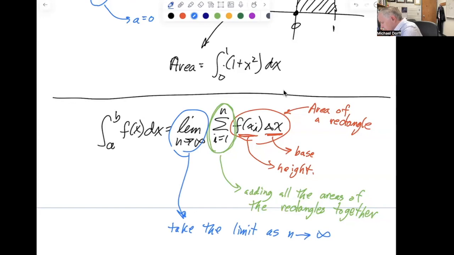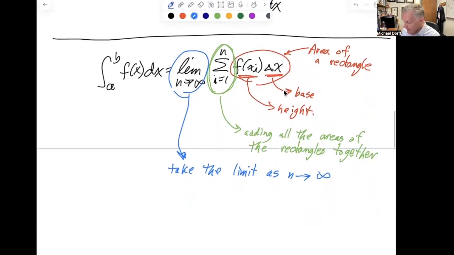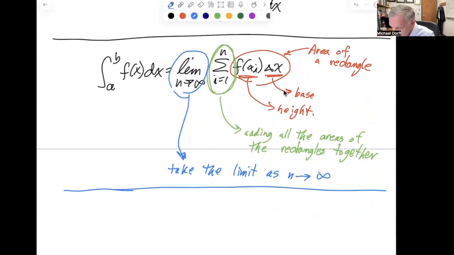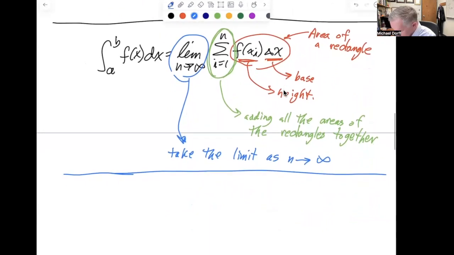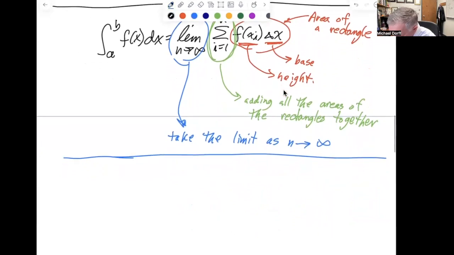So we get more and more rectangles there, and in the limit, we fill in all the area underneath the curve above the x-axis. Okay, so that's what the definition of the integral means. Okay, let's see, a few other things I want to just say here.